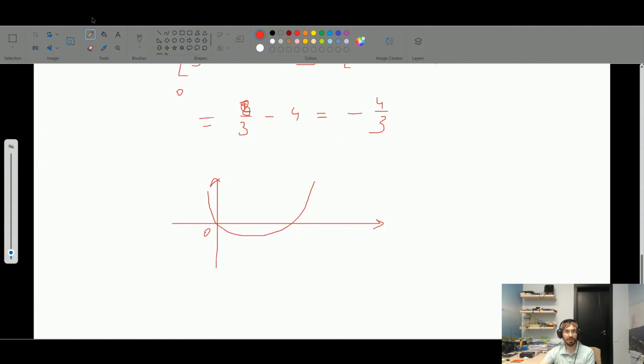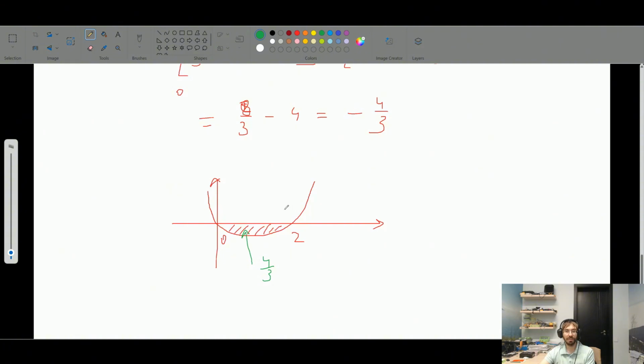So in this case, the area between 0 and 2 will be between the function and the x-axis still, but it will be below the x-axis, and that's why the result is negative. So if we have such a situation, we can just say that this area is 4 over 3. You can ignore the negative sign. The negative sign in the integral tells us that the area is above the curve and below the x-axis.